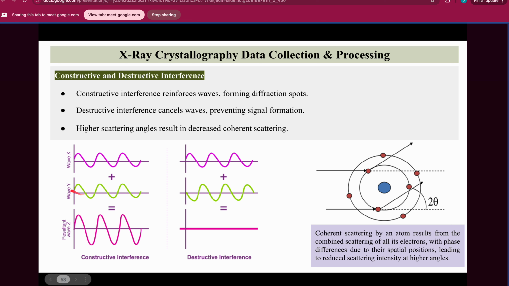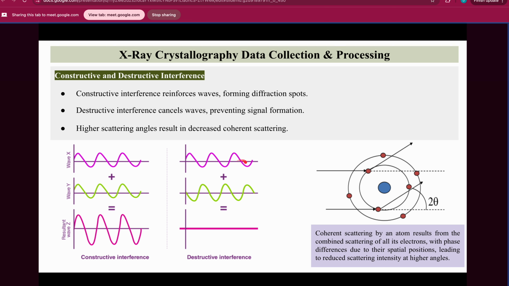So if two waves have the same amplitude and wavelength at a constant position, then they will sum up if they are in the same phase, or you can also call it in phase. So if two waves are in phase, then they will sum up and it will be a constructive interference, and which will form the diffraction spots.